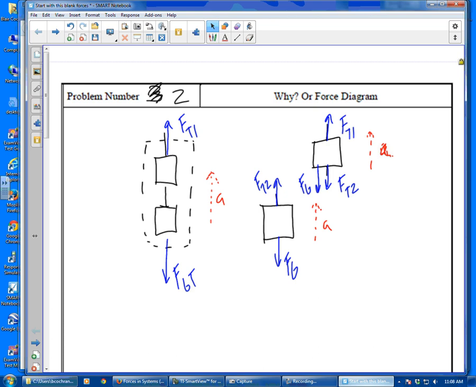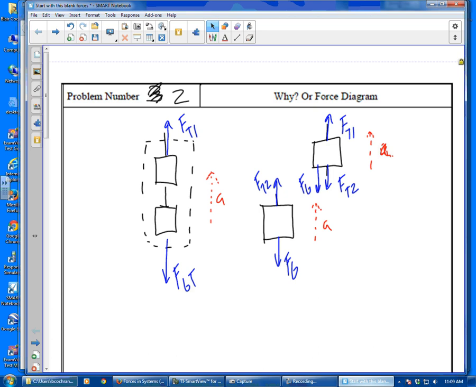The lower bucket only has one tension on it, so I could use it to find FT2. The middle one I could use to find either one, but not both at the same time. And the system I could use to find FT1. Which one do you want to find first, FT1 or FT2? FT1? Okay, then I'm going to recommend let's use the system to find that.